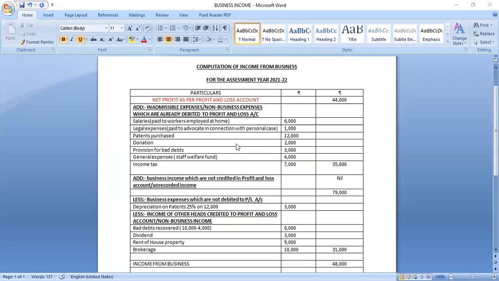You include it here because the purpose is to reduce the tax. But according to income tax computation, it should not include the salaries paid to workers employed at home. That is a non-business expense. So we are adding it to net profit. How much is it? 6,000 rupees.